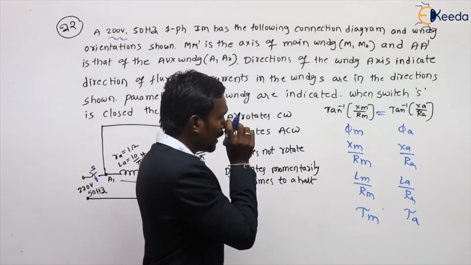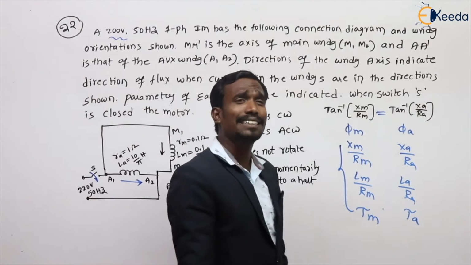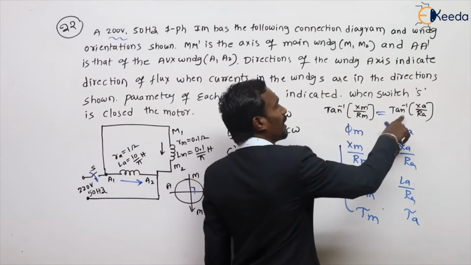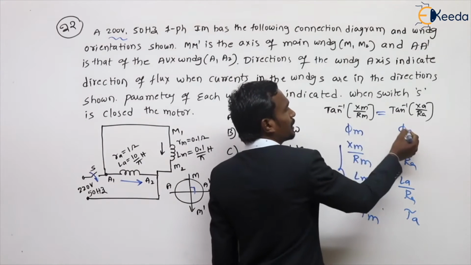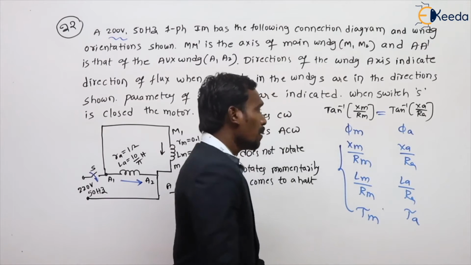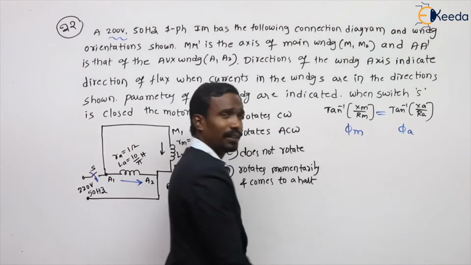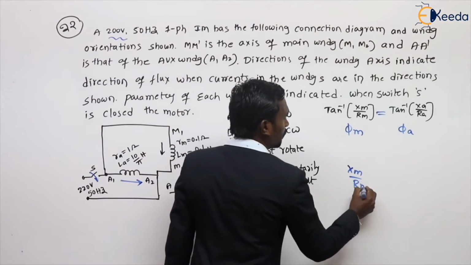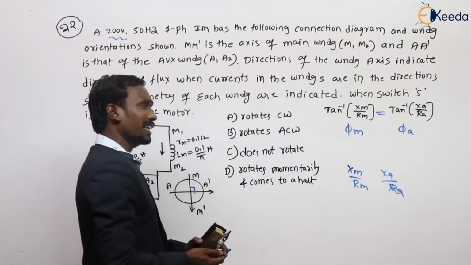But here, if you use these formulas, the answer may not be exactly correct. You must use only this formula, theta m is this one, theta a is this one. Don't use the other formulas because you may get the wrong answer. For example, if you take Xm by Rm and Xa by Ra, check it.